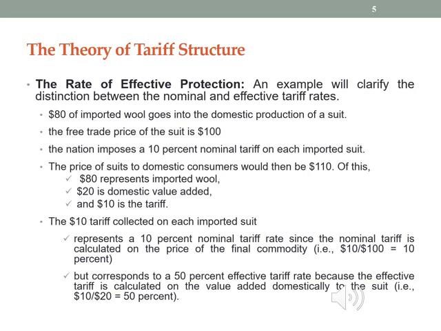Even if we have a positive tariff on the imported inputs like 5%, as long as it is lower than the nominal tariff imposed on the final product, which is 10% in our case here, we will find that the effective tariff rate would be higher than the nominal tariff.